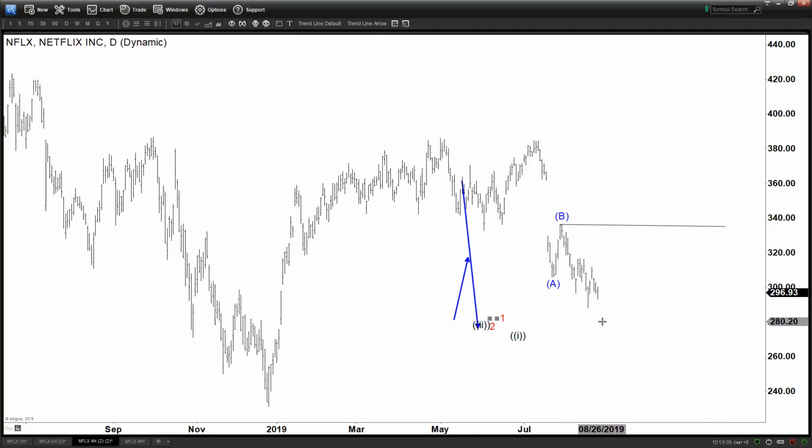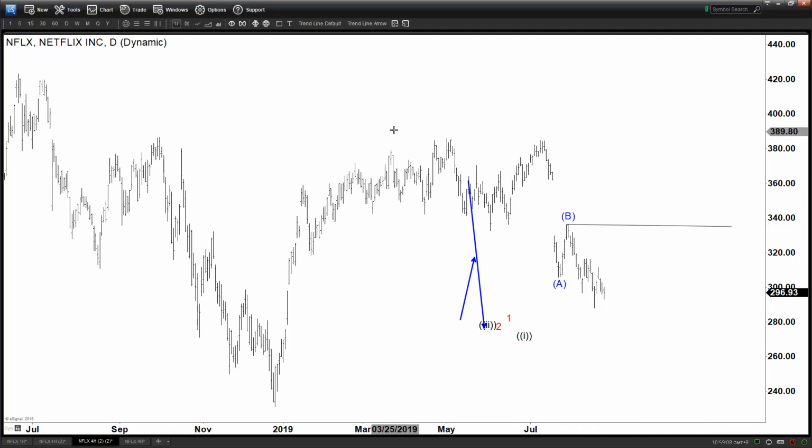Now as to what is the target on the downside, okay, now if we just assume the most conservative scenario, let's say if this is wave 1, wave 2, wave 3, this wave 3 currently is the shortest wave. So wave 3 cannot be the shortest wave technically in a 5 ways down.